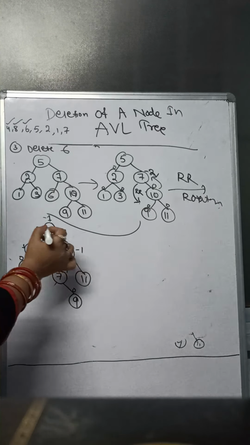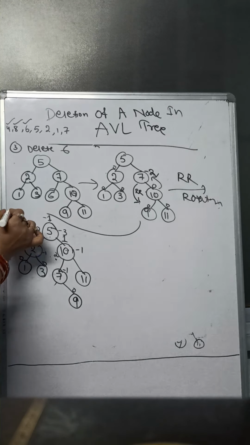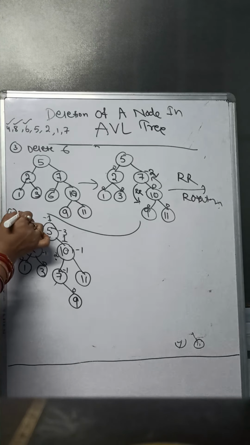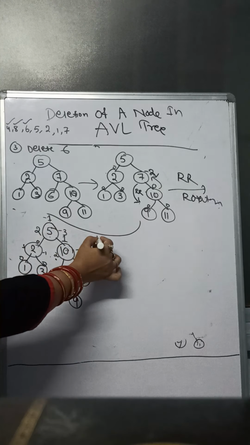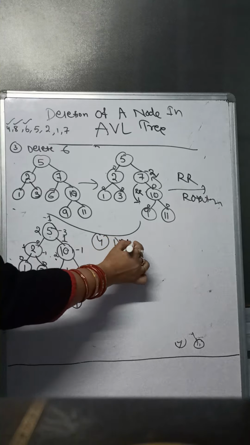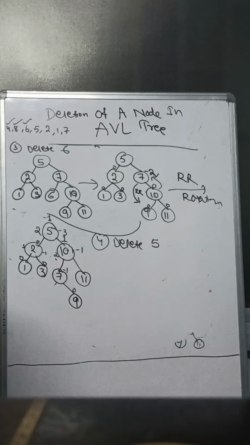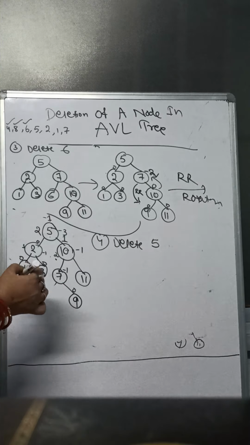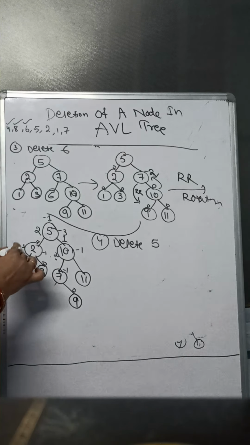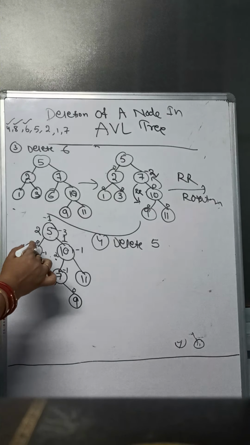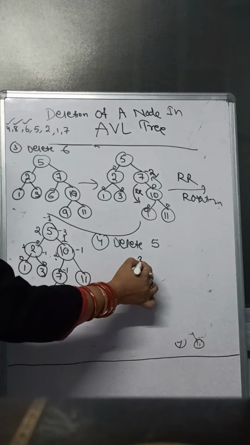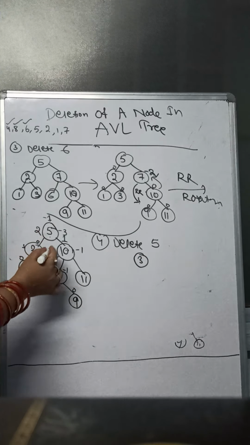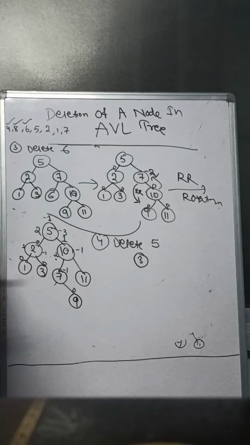So I have to delete 5, now your question is your 4, delete 5. Okay, so when I have to delete 5, so I have to, according to the in-order predecessor 1, 2 and 3, I have to keep 3 here, because 3 is greater than the left subtree and smaller than the right subtree.